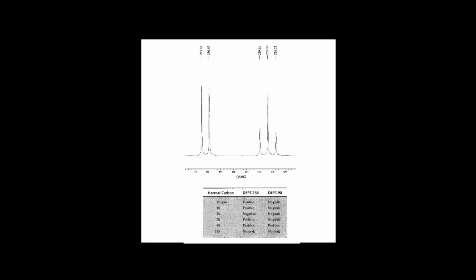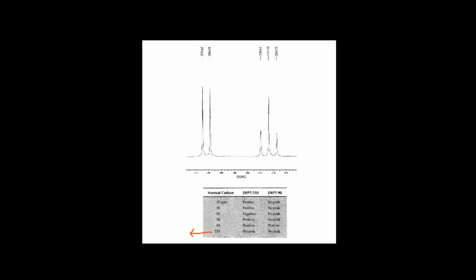So first of all, you see here DEPT 135 is given, and these are the chemical shift values for the typical carbons, and this 213 is the value of the carbonyl carbon. Your remaining carbons are also there. 6 carbons are there, so 6 chemical shifts are also there. Now, what information can we get from DEPT 135?